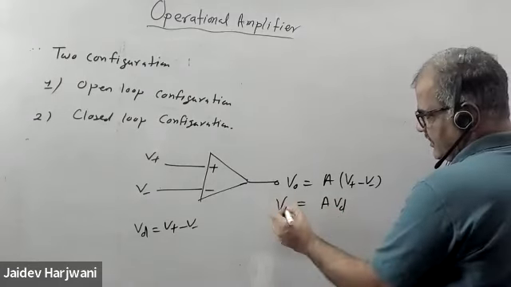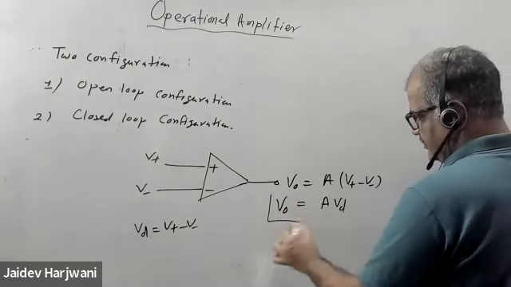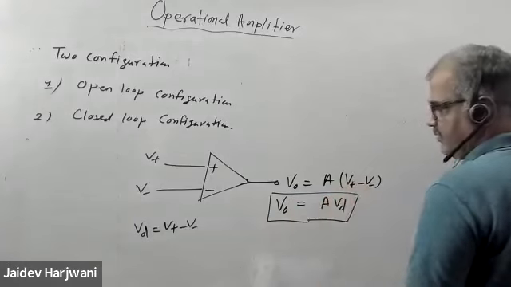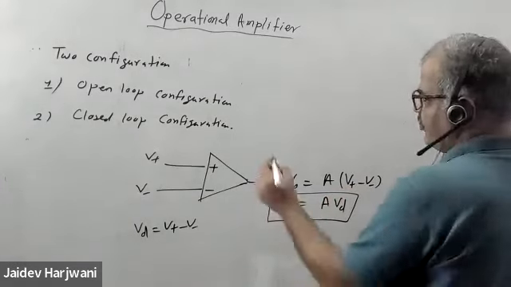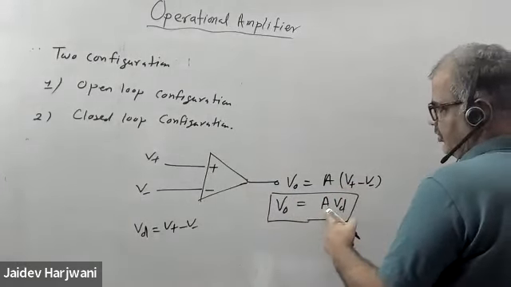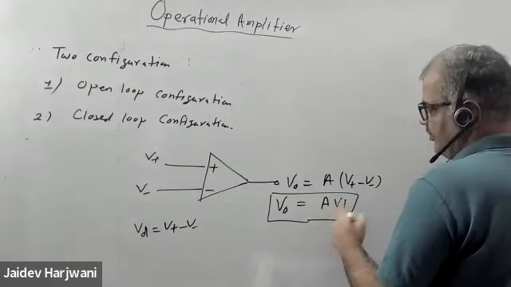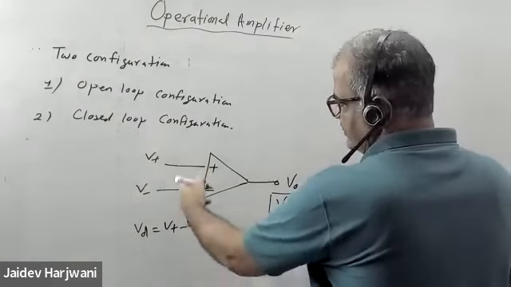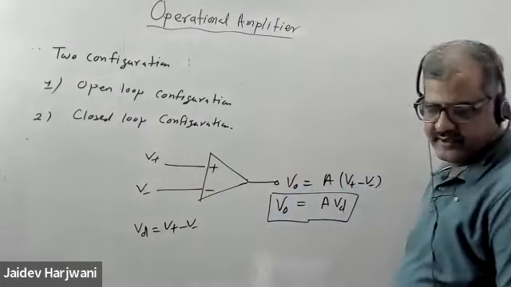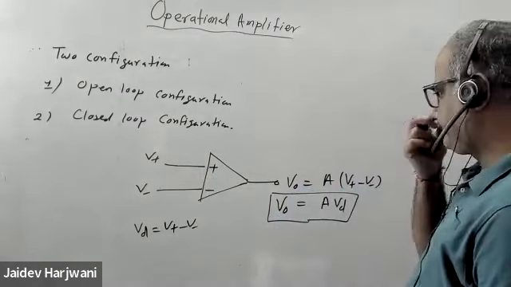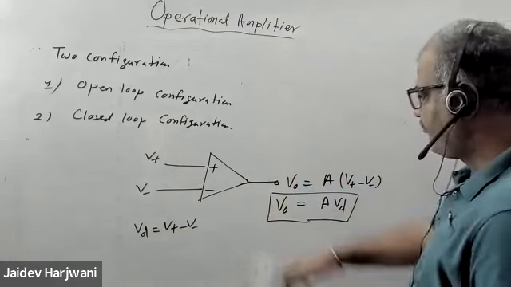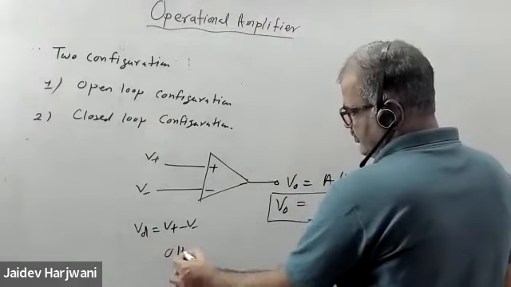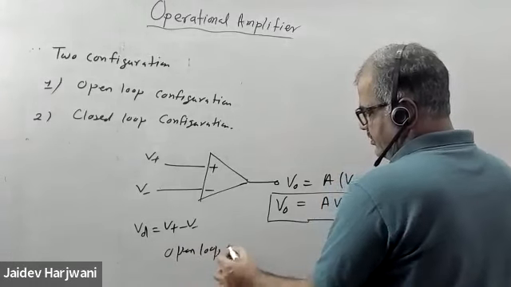This is the equation for open loop gain. A is the open loop gain, and VD is the difference of voltages at the two input terminals. Now this is open loop configuration.